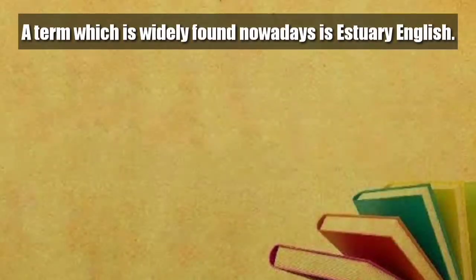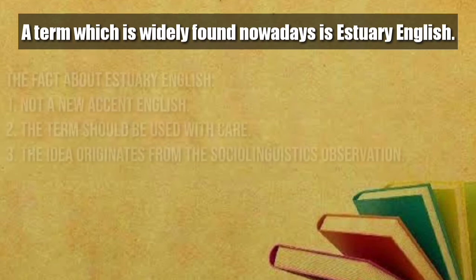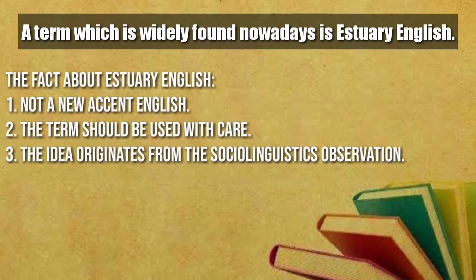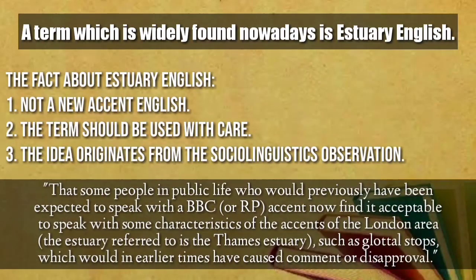A term which is widely found nowadays is estuary English. The first fact about estuary English is that it is not a new accent of English. The term should be used with care. The idea originates from the sociolinguistic observation that some people in public life who would previously have been expected to speak with a BBC or RP accent now find it acceptable to speak with some characteristics of the accent of the London area.